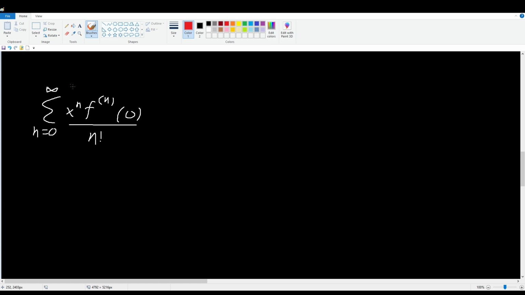So if we look at the Taylor series, there's this derivative term, this part. I'm thinking that we can just replace this part with the derivative at 0.